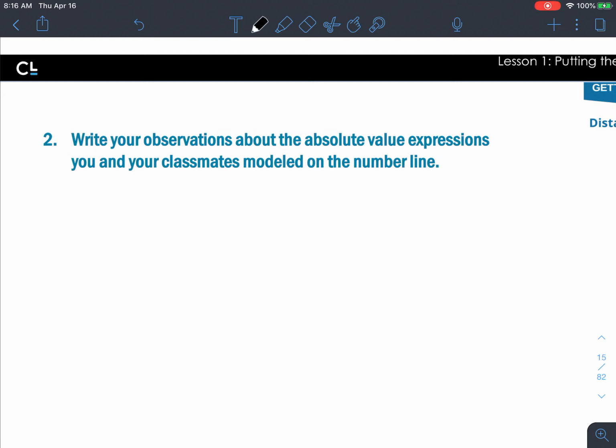Write your observations about the absolute value expressions you and your classmates modeled on the number line. So that's essentially what we just did. Essentially, the best thing I could say for you guys is distance is always positive or 0.